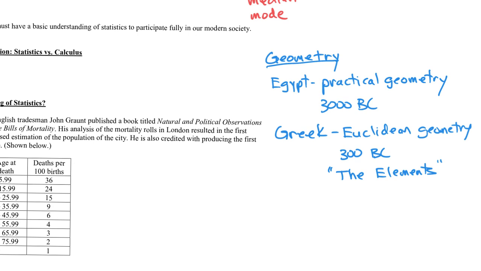In fact, if you studied math up until around the year 1900, you would have read the Elements. That would have been part of your training in studying mathematics. And since then, there have been many other geometry textbooks published, and a lot of them even that you studied in high school.